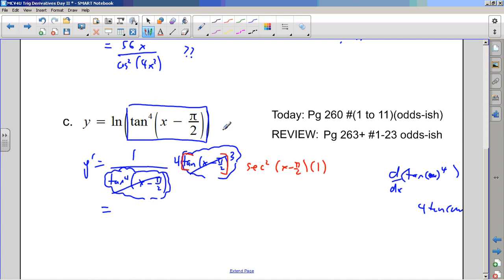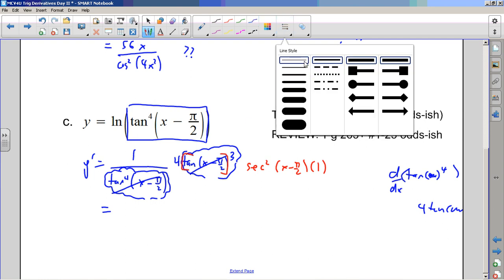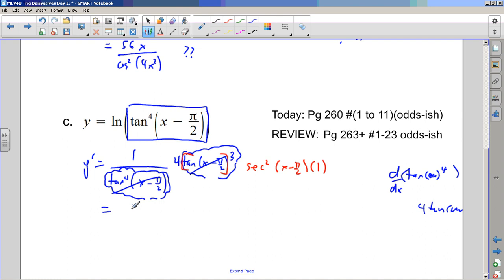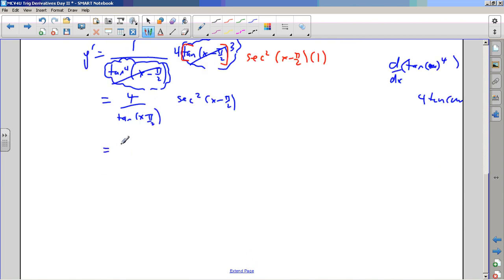Phew, okay. Now I can still tidy in the way I said before. This cancels this, and I'm left with 1 over tan of x minus pi over 2 there. But then I have the 4 on the top, but I also have secant squared of x minus pi over 2. Now, can I simplify that? Feels like I can. Notice tan on the bottom is sine of that over the cos of that, which looks terrible, but that's going to flip up to the top here.